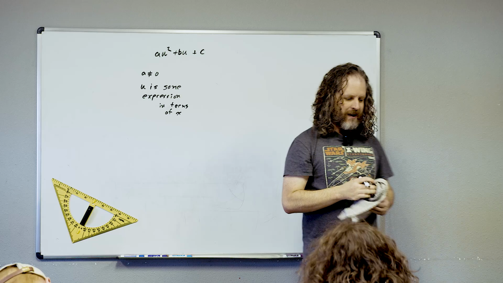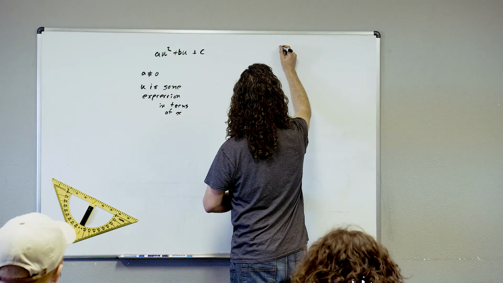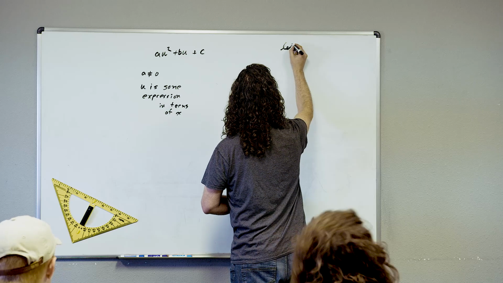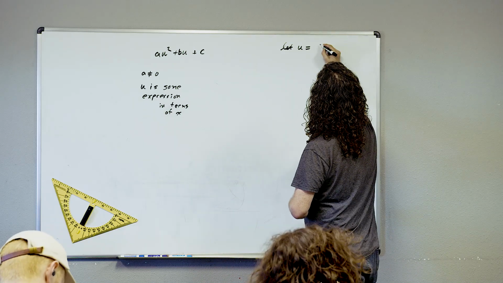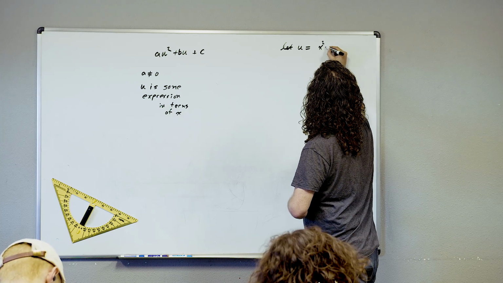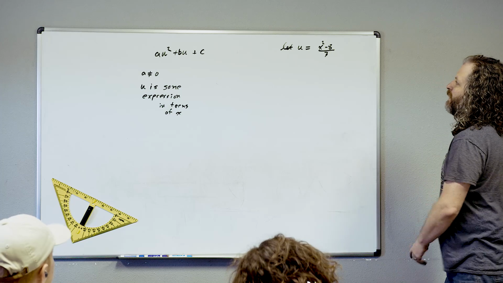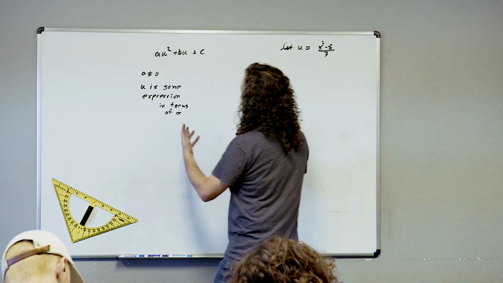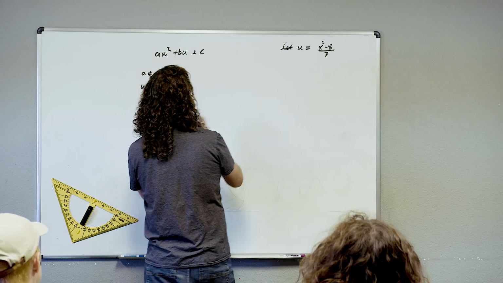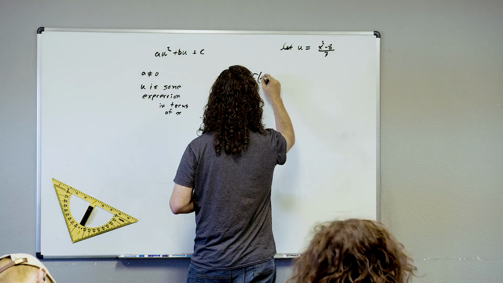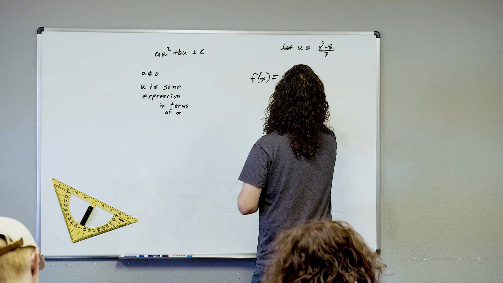So let's make an ugly example. We could let u be, let's go way ugly, x squared minus 8 over 3. Then we could write a function in quadratic form that would look something like this. f of x equals, we'll make up a number for a, how about 5?